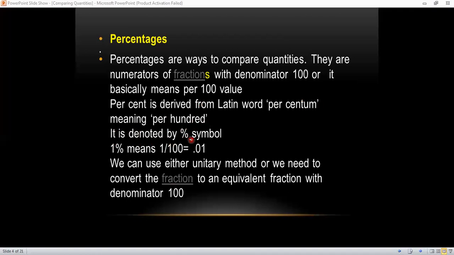It is denoted by the percent symbol. 1% means 1 by 100, which is equal to 0.01. We can use either the unitary method or convert the fraction to an equivalent fraction with denominator 100.